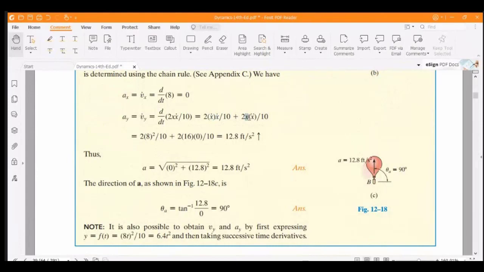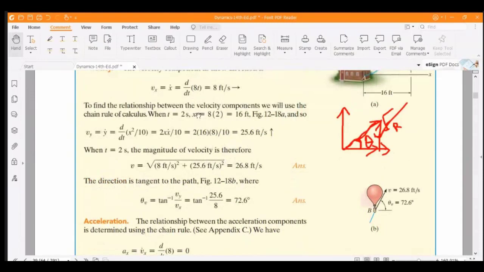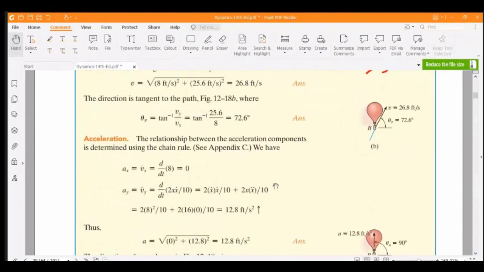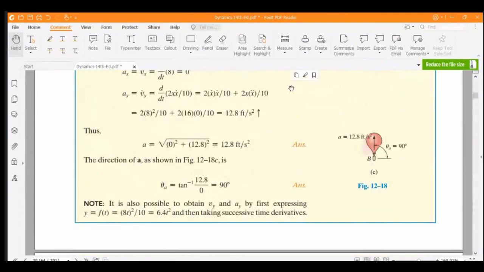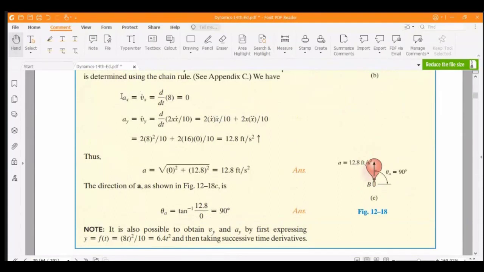And here is x. We know x equals 16, previously calculated. And then we have 0 because x double dot equals 0. Whatever you multiply, this part will become 0 and this part will be 64, 128 divided by 10, 12.8 feet per second square.